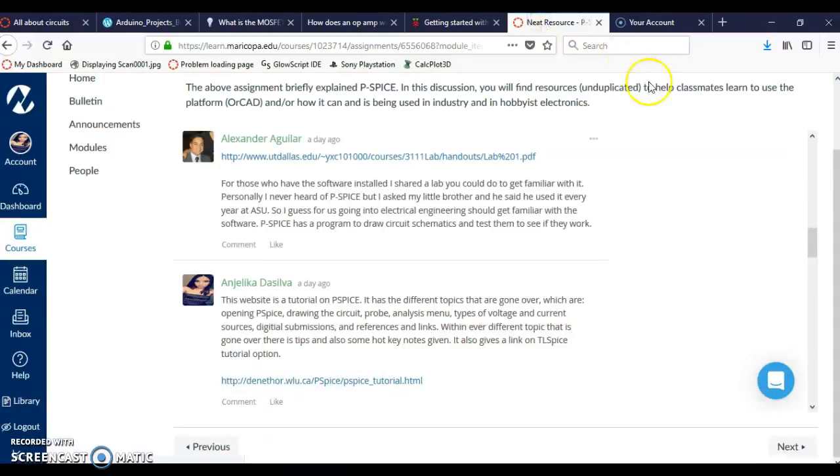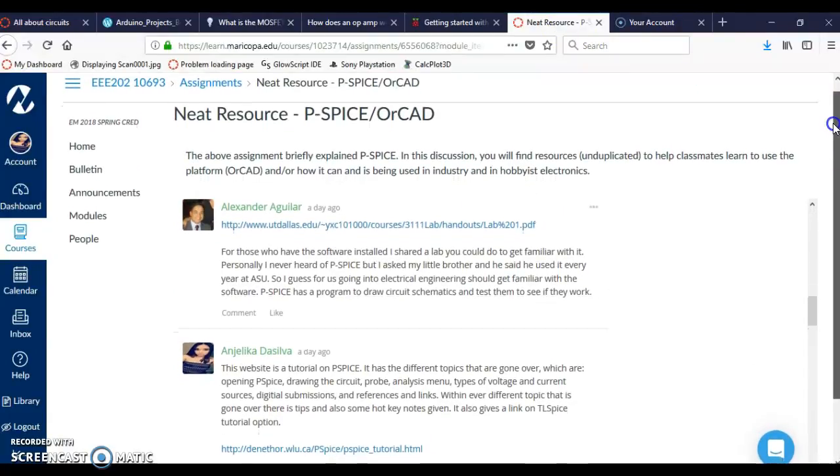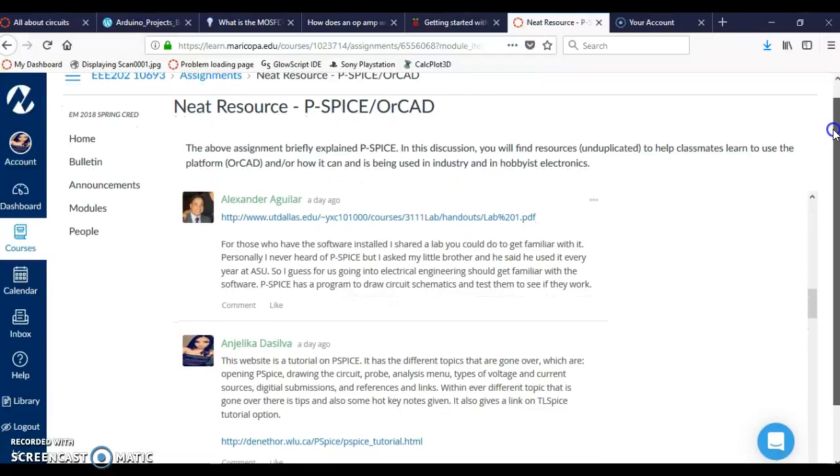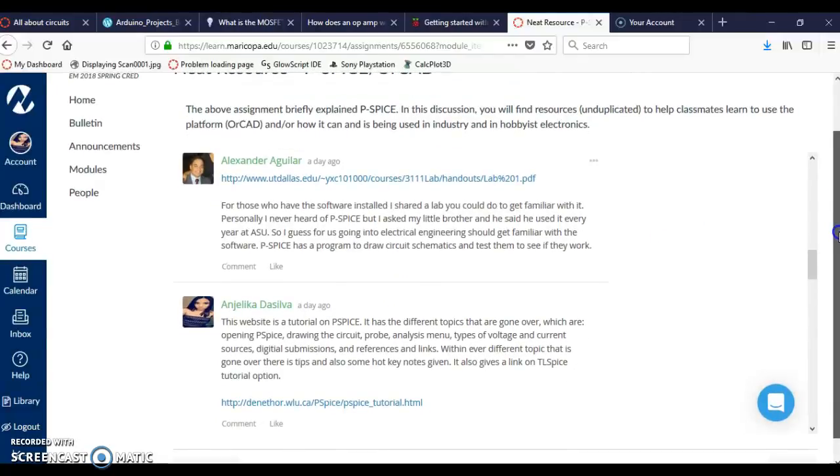And then the neat resource for this week was the PSpice or the ORCAD. This was very interesting because it was software that helps you draw circuits, and you get to see if they work off of that program.